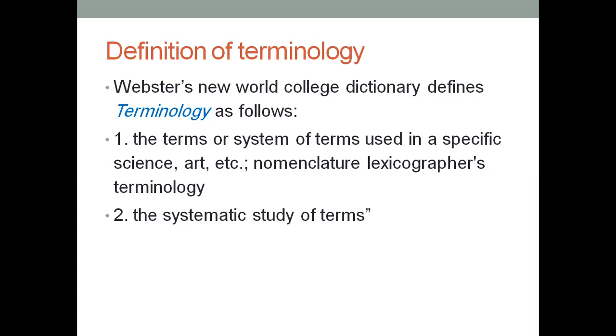So literary terminology indicates that it includes terms related to literature. For example, we have figures of speech, we have alliteration, and so on. All these terms are literary terms, related to literature.